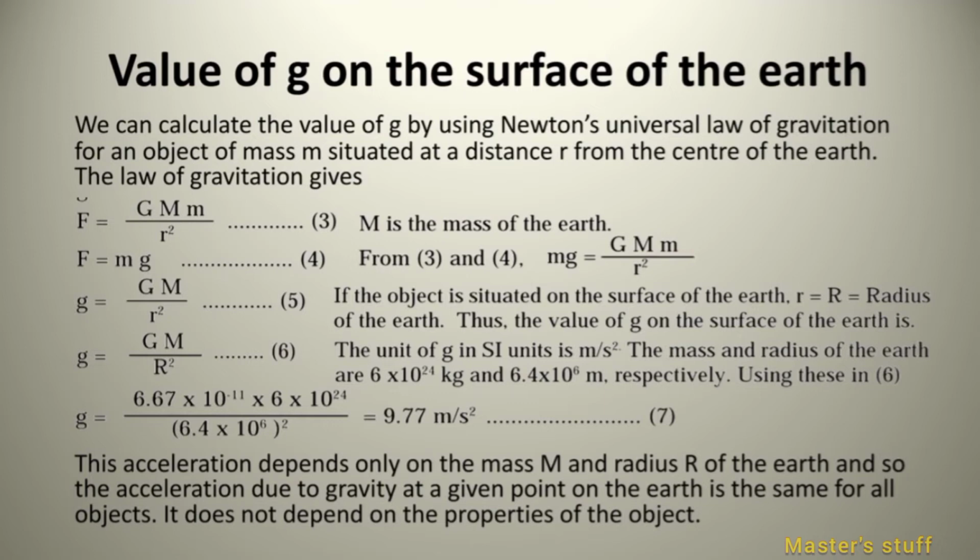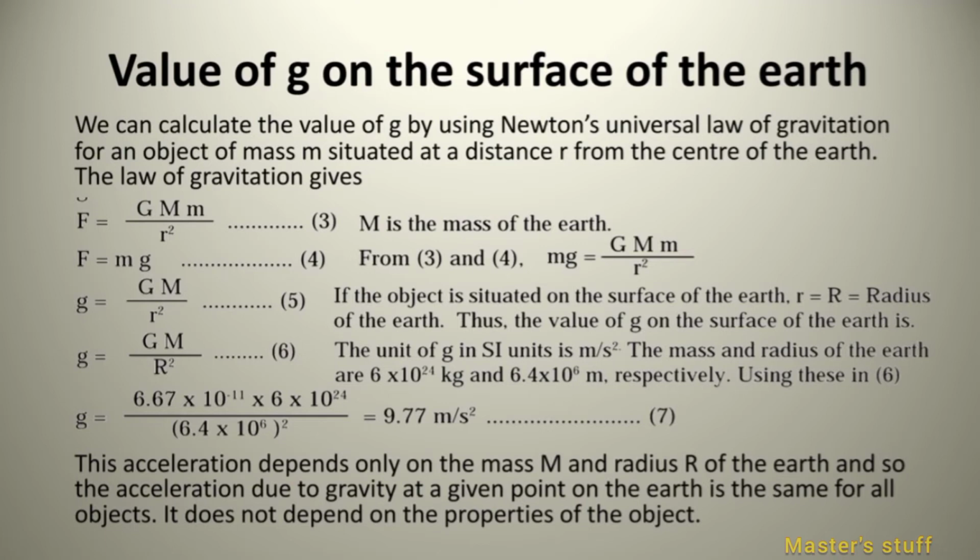Previously, we considered two bodies of mass m1 and m2, where the formula was F is equal to G m1 m2 upon r square. But we always consider the mass of earth by indicating capital M. We also know that force is equal to mass into acceleration.